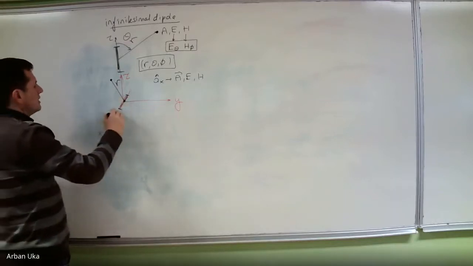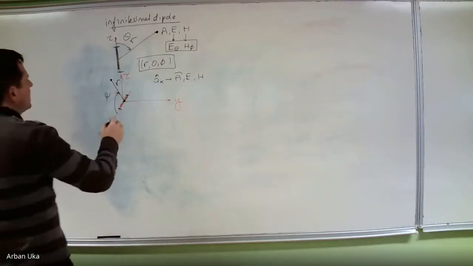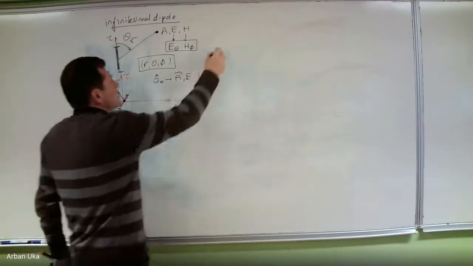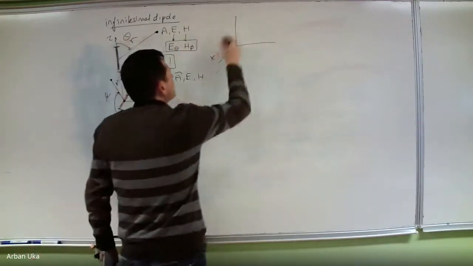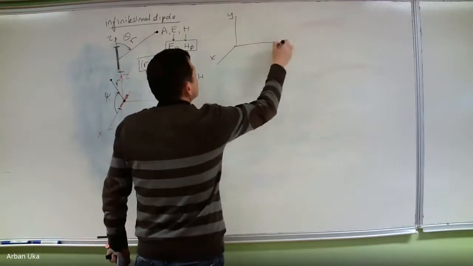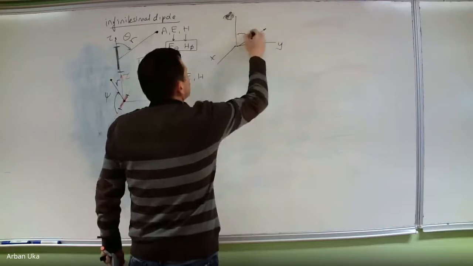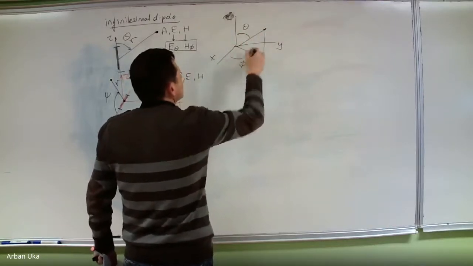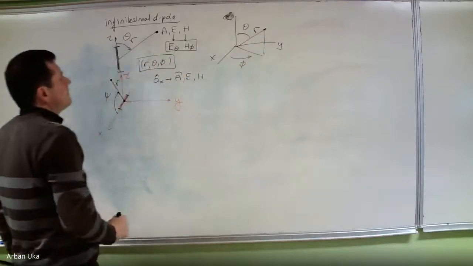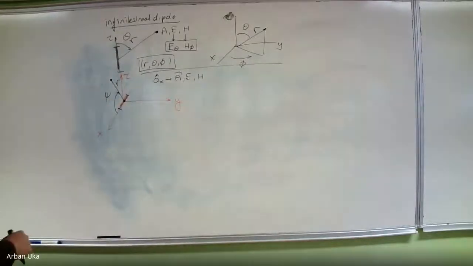We can denote an angle here as psi, and we are still looking at x, y, z. This would be the angle theta, this would be the angle phi, and this is the r. This is the upper domain.